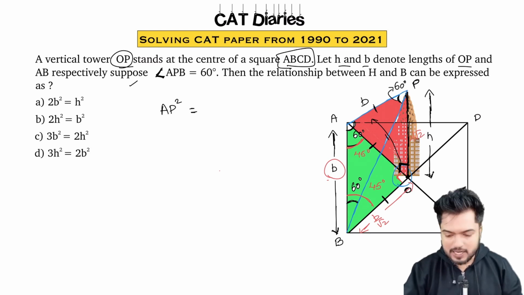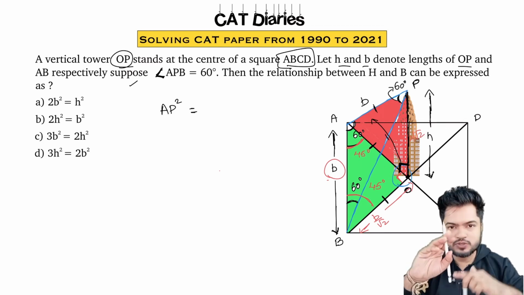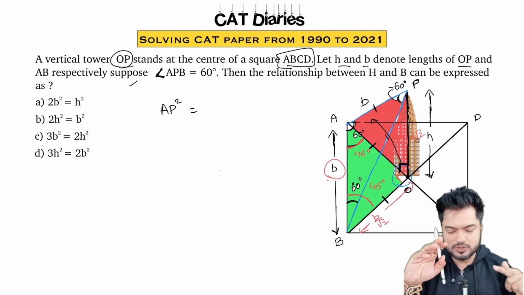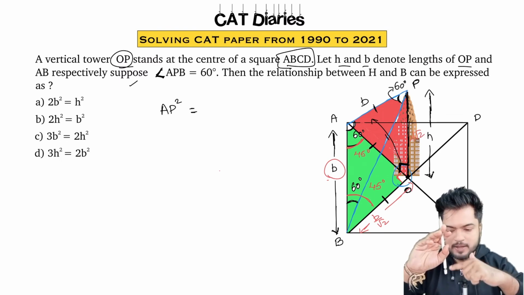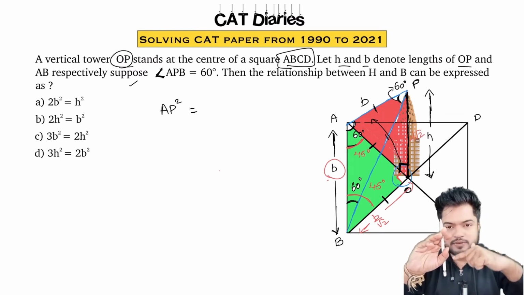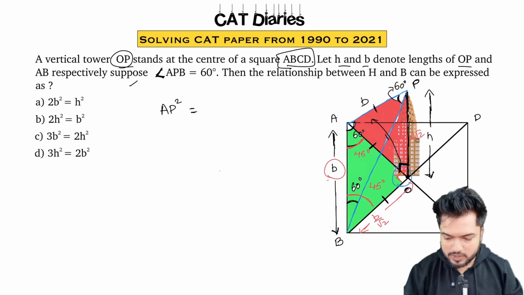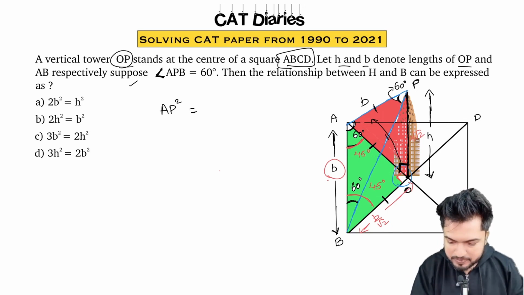It is a right angle triangle, so AP square is equal to AO square plus PO square. That is, this side square, AP square, is equal to AO square plus the height squared, which is PO square. So that's what I write here: AP square is equal to AO square plus OP square.